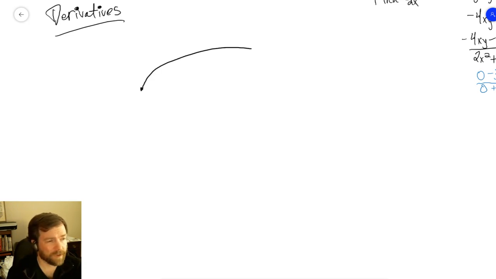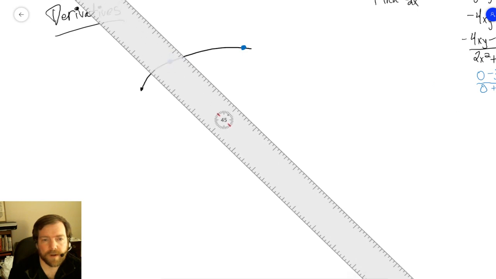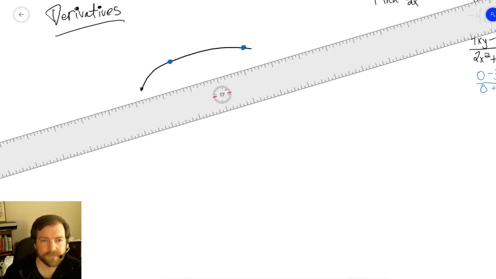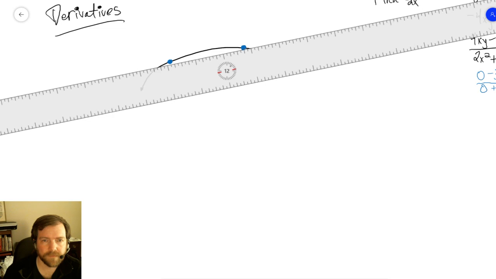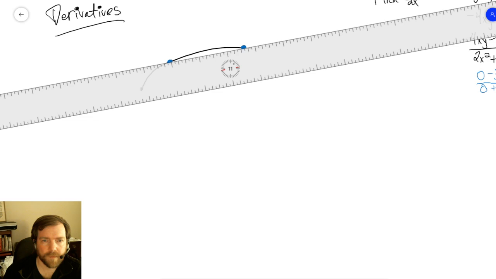He didn't do it particularly well, but it's fine. So what Newton did was he said, all right, let's take 2 points that are on a graph. And then I'm going to connect these using a straight line.